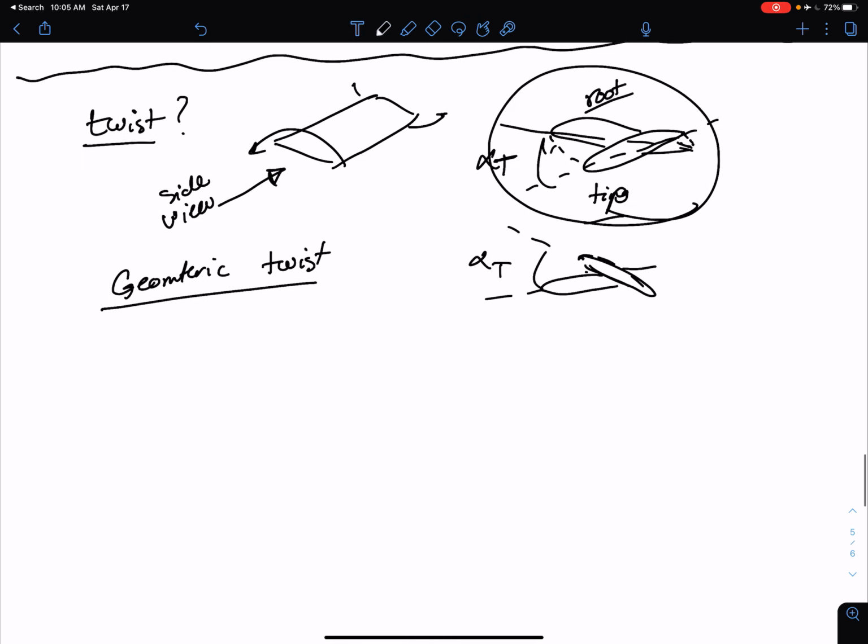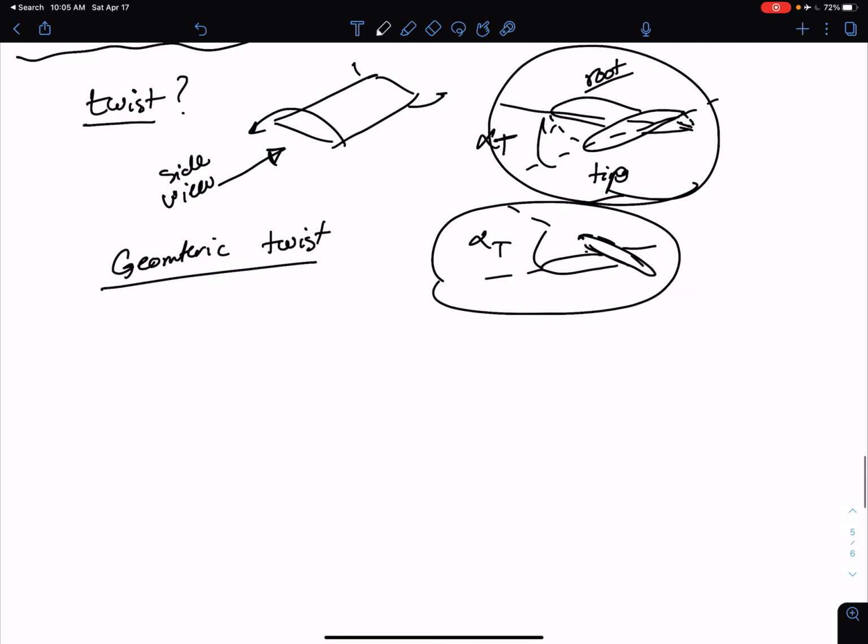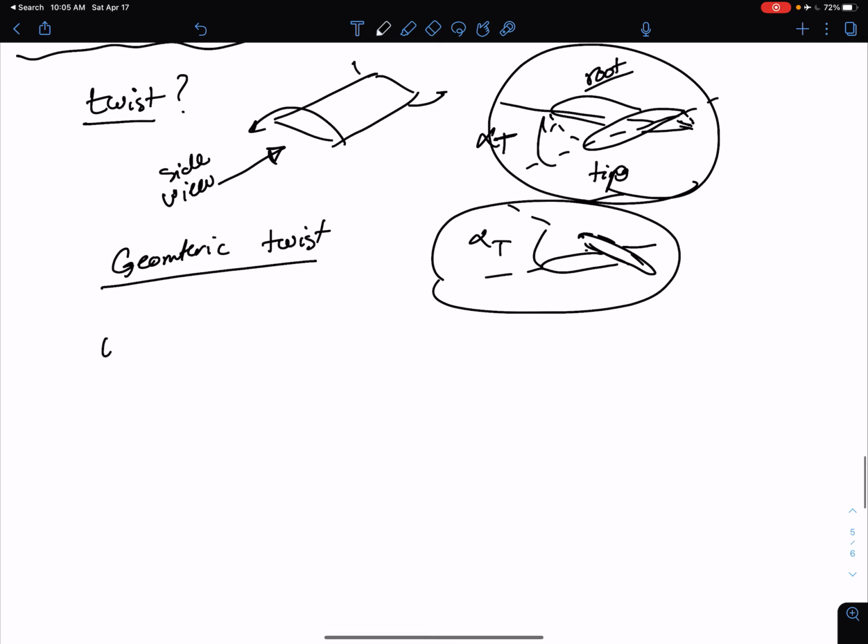Based on this different location, we can have two different flow patterns on your wings. We can have wash out or wash in, and this generally talks about the type of the flow pattern.